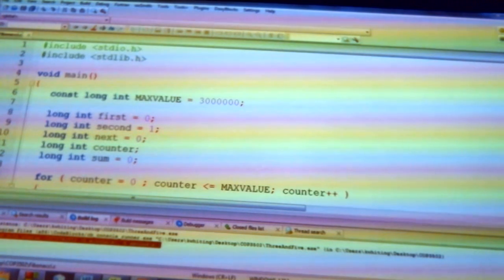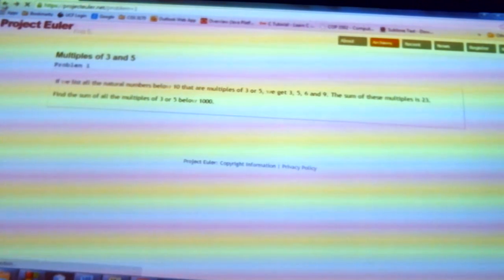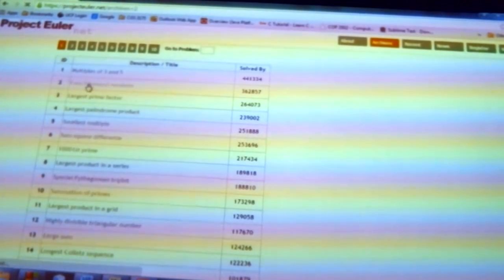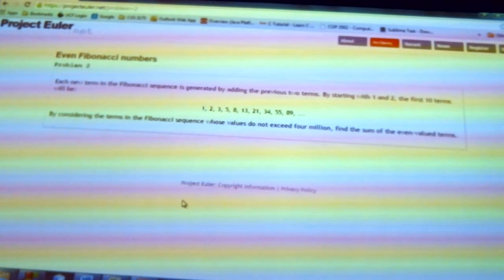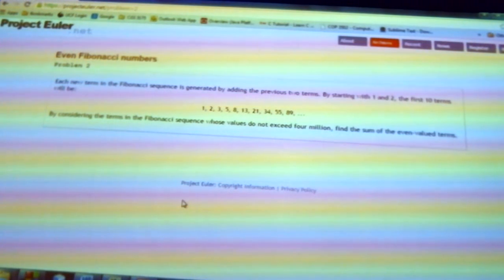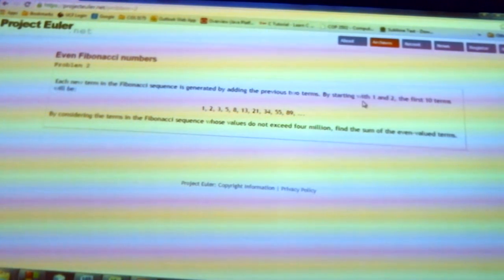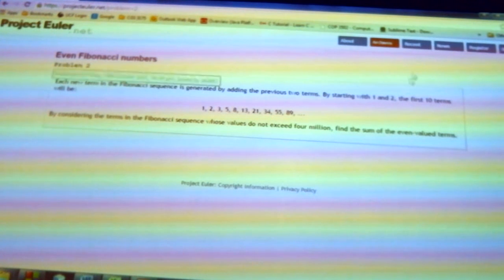So the next problem. Fibonacci is a very traditional problem to solve with recursion, because what you do is you add the previous value to your current value. By starting with a 1 and a 2, you get the first 10 terms.